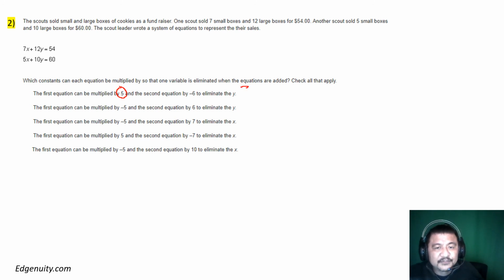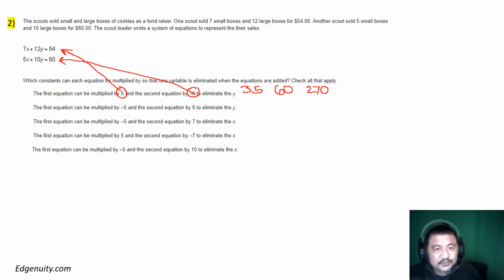7 times 5 is a 35. 12 times 5 is a 60. I'm not writing the x and y anymore. 54 times 5 is 270. Okay? The next one is multiplying by -6. Okay? This was multiplied to the first, then this was multiplied to the second.